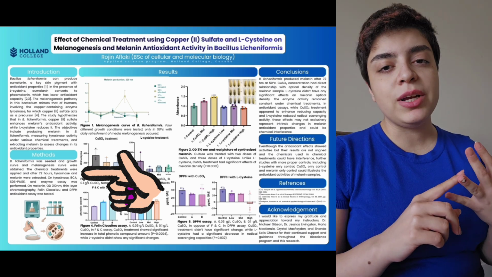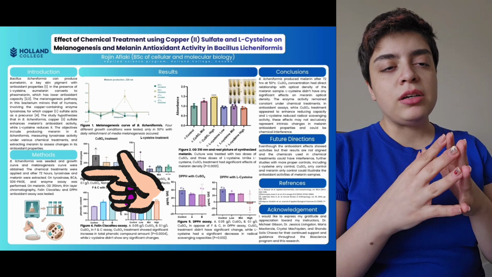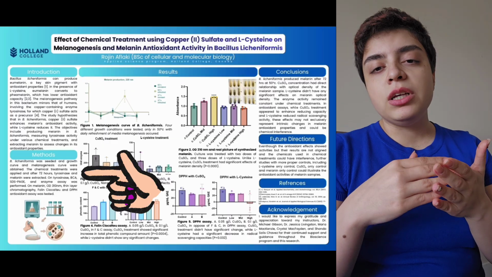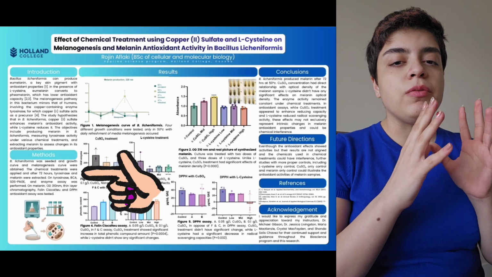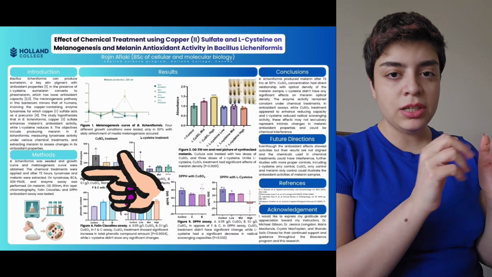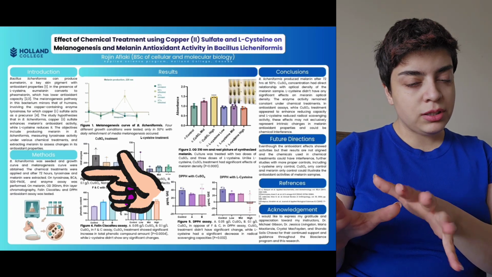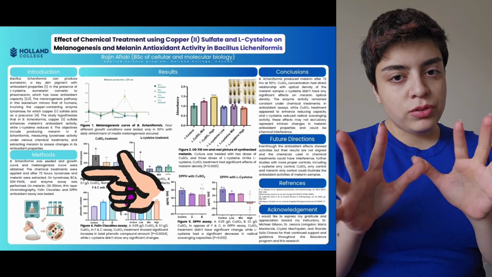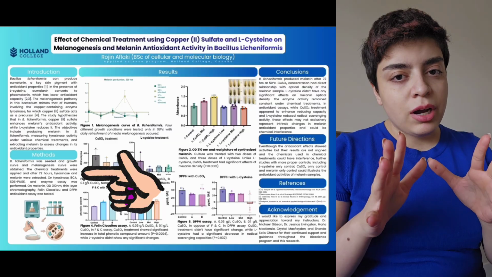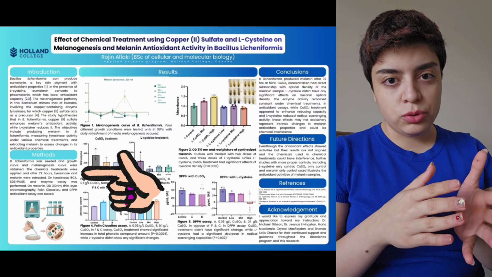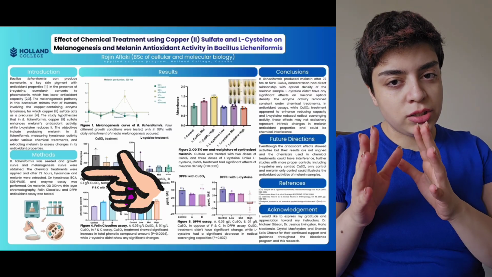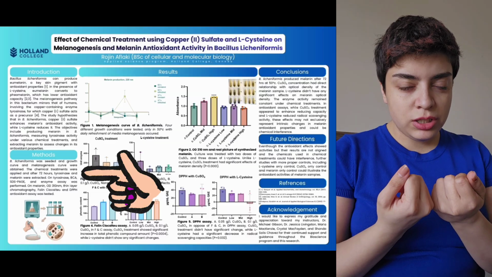So for the methods, the bacteria would first be pelleted, and the growth curve and the melanogenesis rate would be measured. The cultures would be treated with the chemical treatments, different doses of copper disulfate separately, and also different doses of L-Cysteine separately. After 72 hours, when the melanin is produced, the melanin and the tyrosinase enzyme are extracted from the cultures.